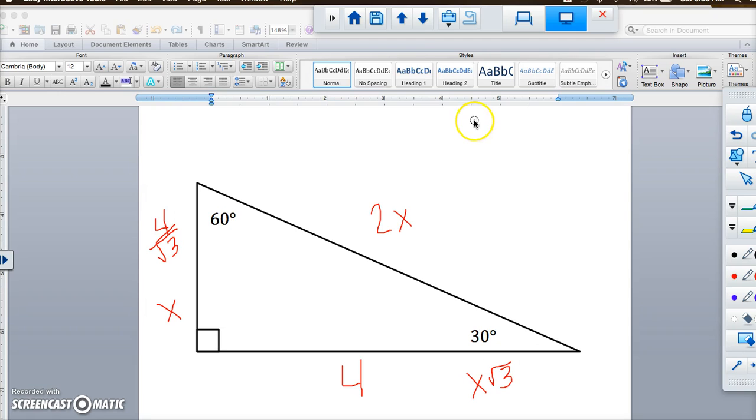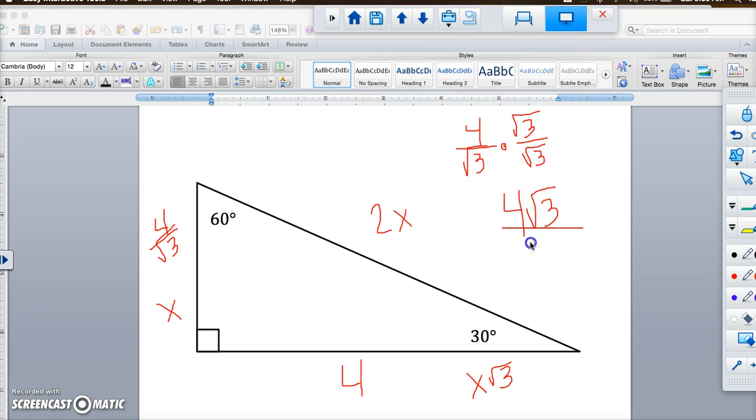And to do that, it's very simple. You're going to say 4 divided by the square root of 3, and you're going to multiply that times the square root of 3 over the square root of 3. Okay, so now you have 4 times the square root of 3 at the top over the square root of 3 times the square root of 3, which is the square root of 9.